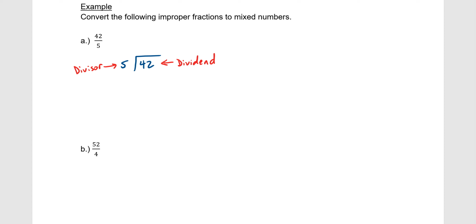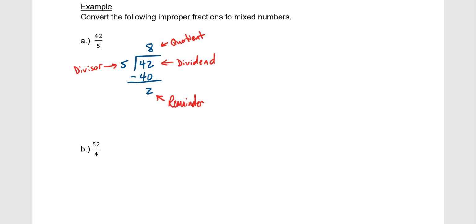Well, it goes in 8 times evenly, so that's going to be an 8 up here. And then we multiply 8 times 5, we get 40, and we subtract 42 minus 40 is 2. And 5 is now greater than 2, so we're done. So we have 8, which is the quotient, and 2 is the remainder.